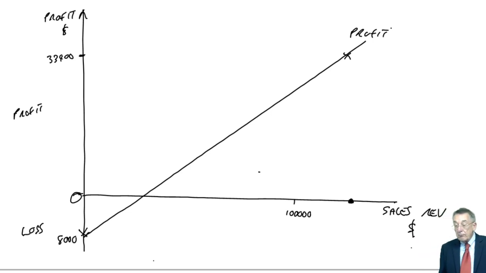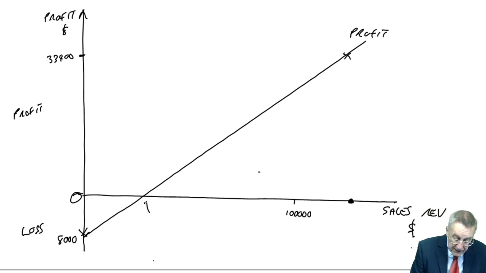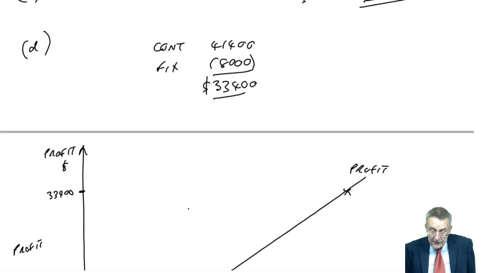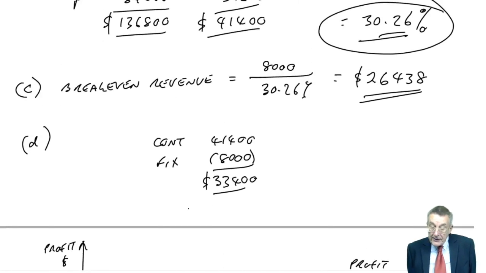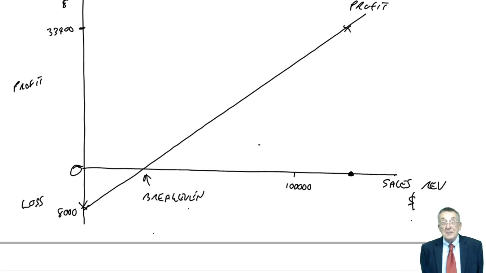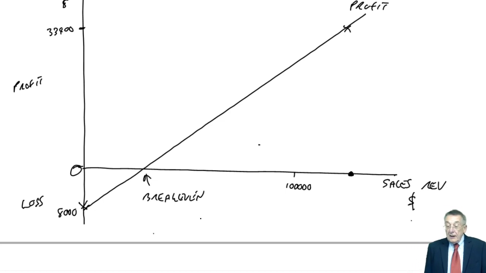As we get more revenue, we get more profit, and of course there would be break even, this time break even revenue. What was break even revenue out of interest? 26,438? It's reasonable, clearly. As I keep saying, it's not precise. So far, I don't think too bad.